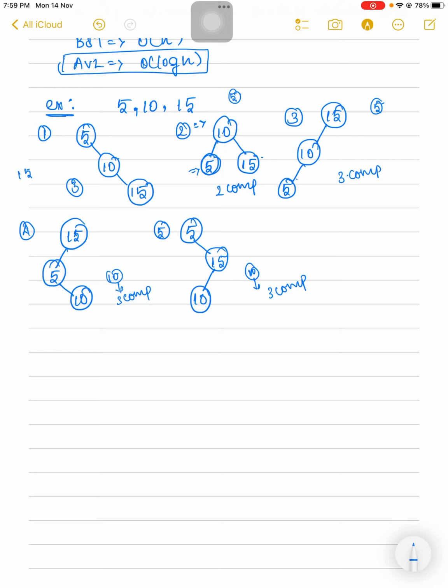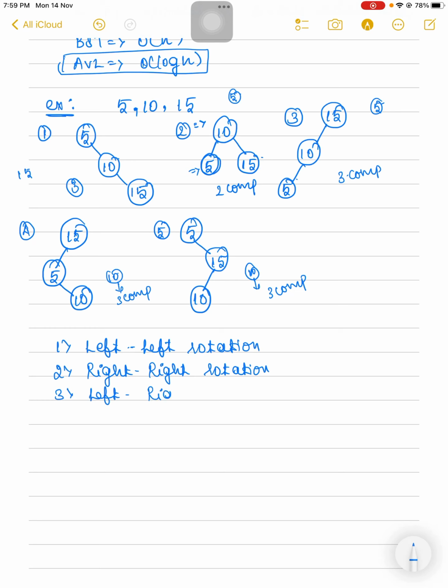There are totally 4 rotations under the AVL tree. The very first one is left rotation, right rotation, left right rotation, and right left rotation, right?